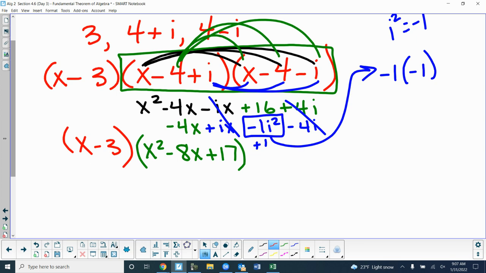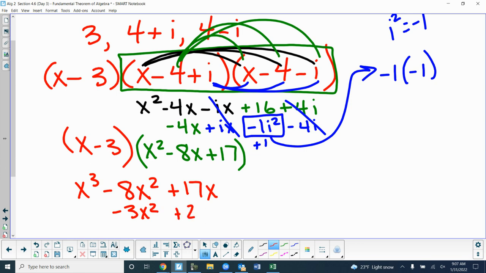All right, so x times x squared is x cubed. x times negative 8x is negative 8x squared. x times 17 is 17x. Negative 3 times x squared is negative 3x squared. Negative 3 times negative 8x is a positive 24x.